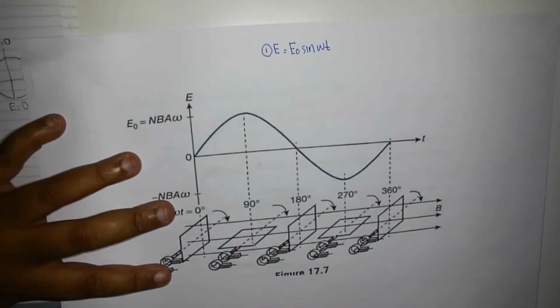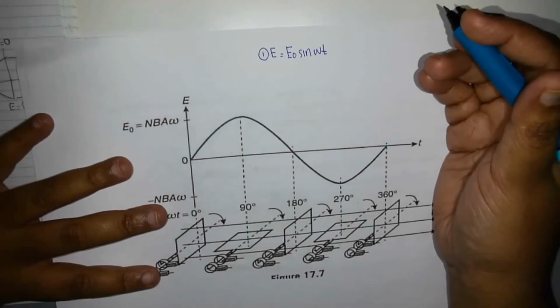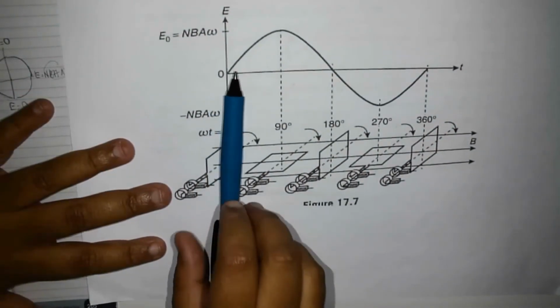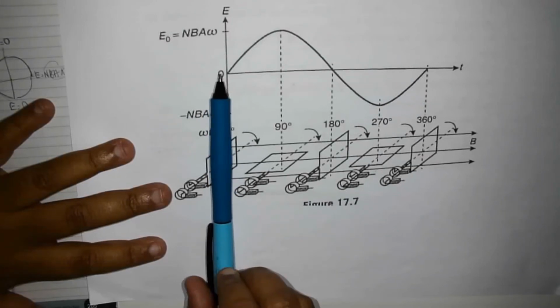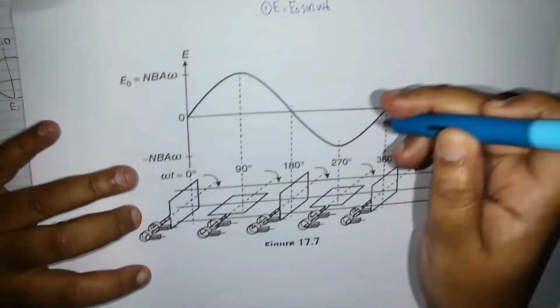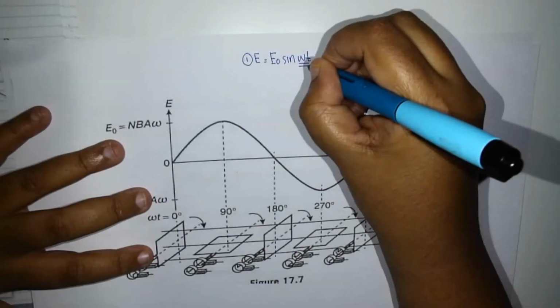Now the coil is like this, it's at 0, so your omega t is 0.